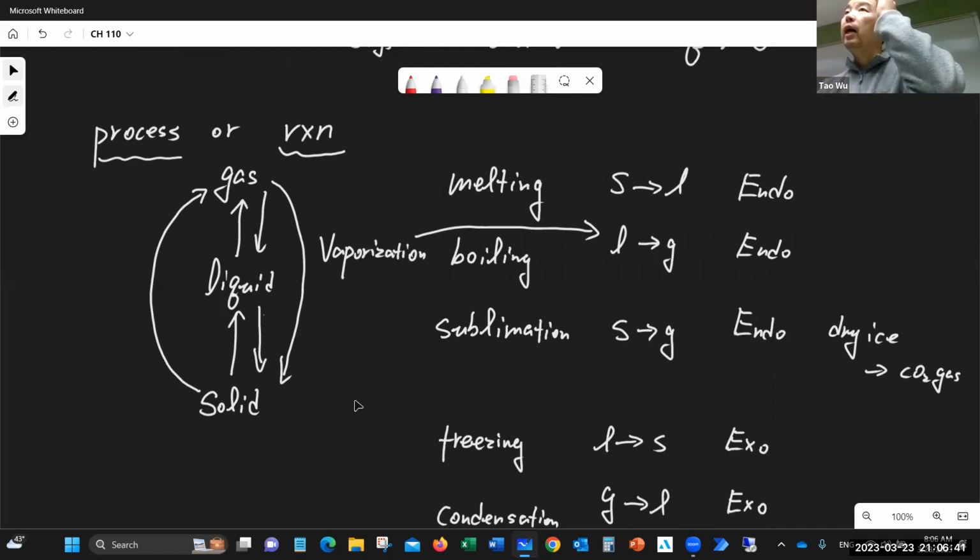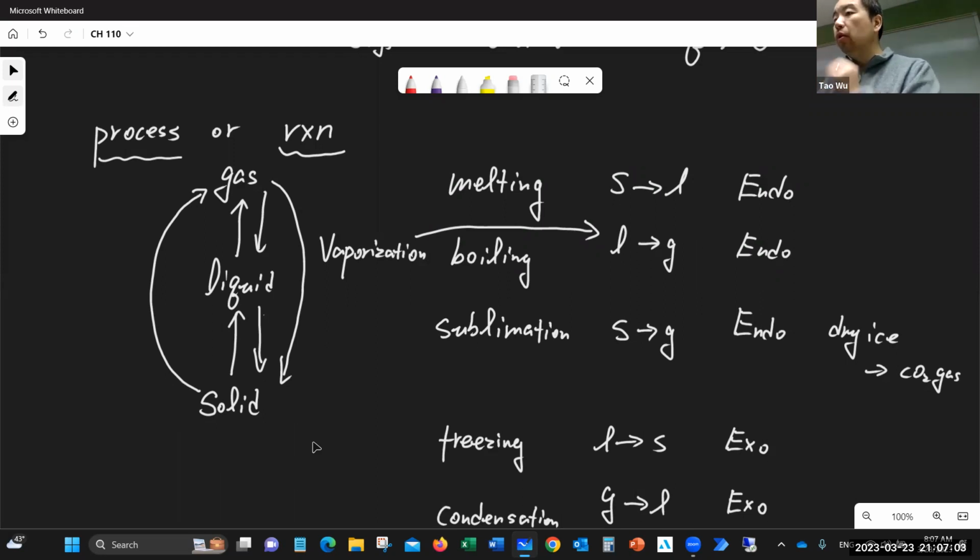But if you go from a higher temperature state like a gas to drop down to a lower temperature phase like solid, which is the deposition process, then this is exothermic because you need to cool down the object to let it become a solid.